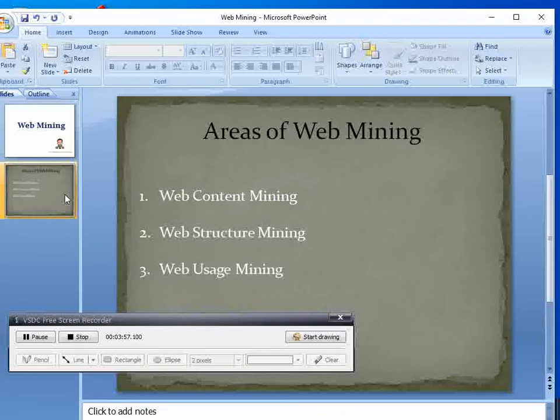It gives the entire structure of the website. If we go to a particular website and we don't know where exactly we have to go, then we just see the structure, and we'll come to know that okay, we have this information on this web page. So a web structure shows us the exact location where we can search for particular information.